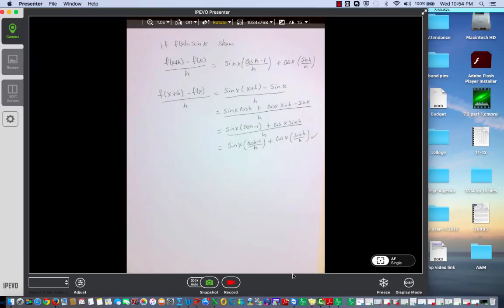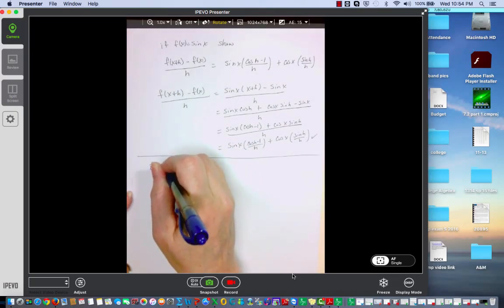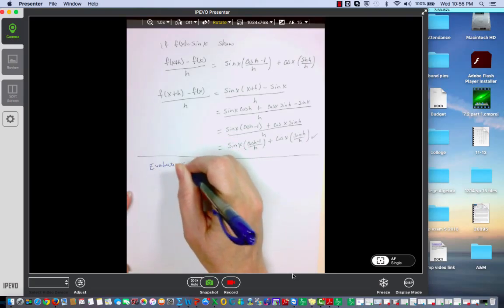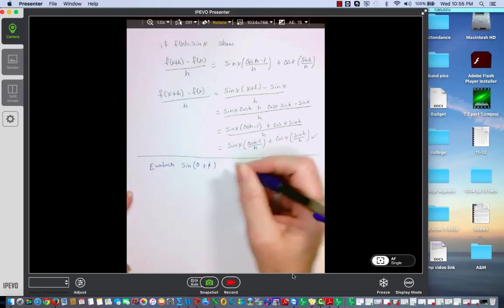So for the next problem, we are evaluating an expression involving trig functions. We're going to evaluate sine of theta plus phi.